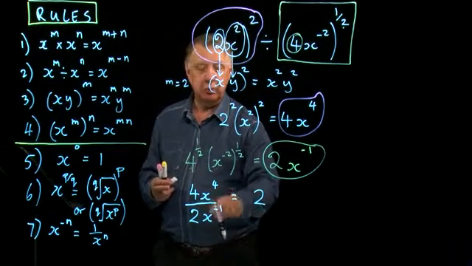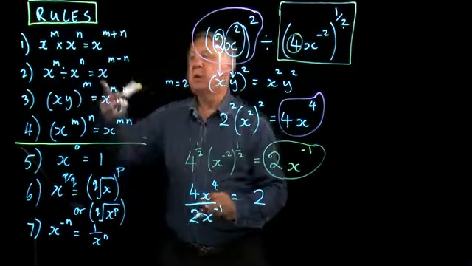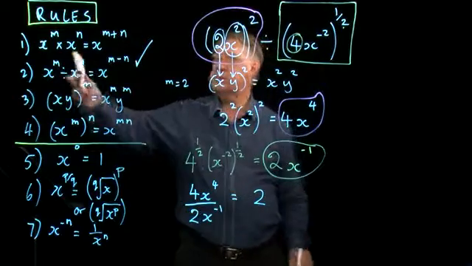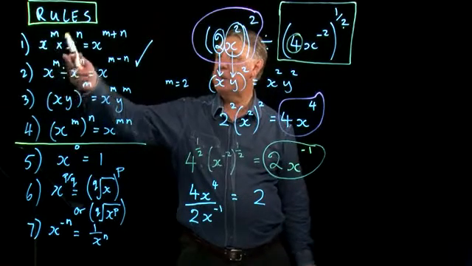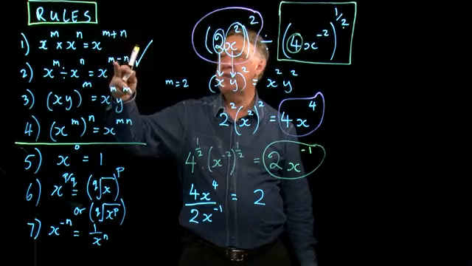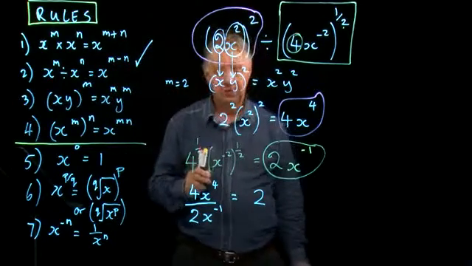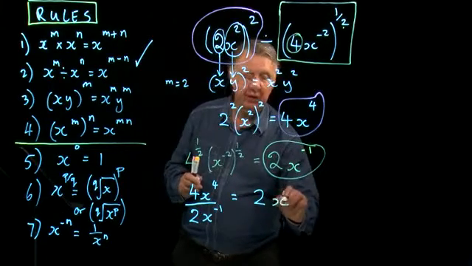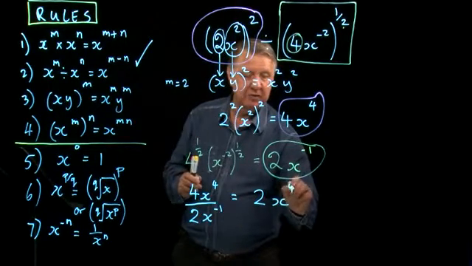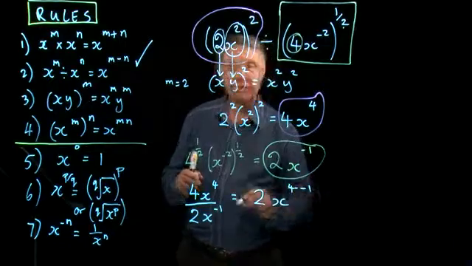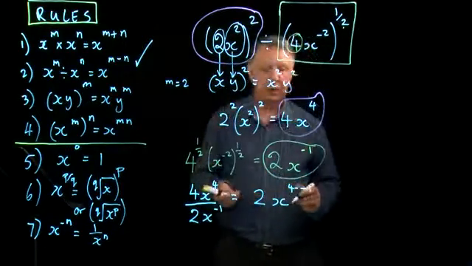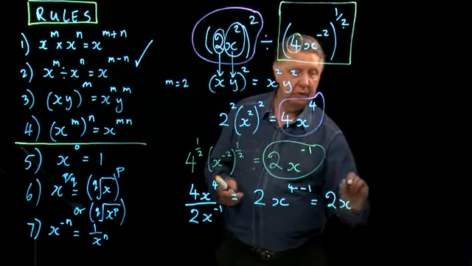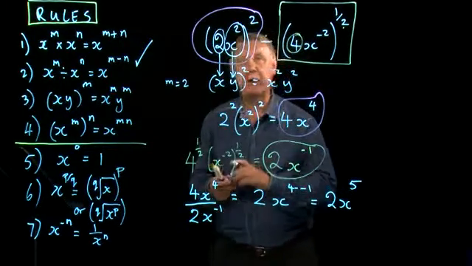I now need a rule for division of powers. Well, I've got that. It's rule 2. And rule 2 says if I divide a power by another power, I subtract the powers. One of the powers is negative, so it's x to the power 4 take away negative 1. 4 add 1 is 5, so that turns into 2x to the power 5.